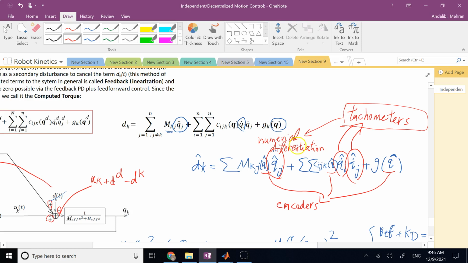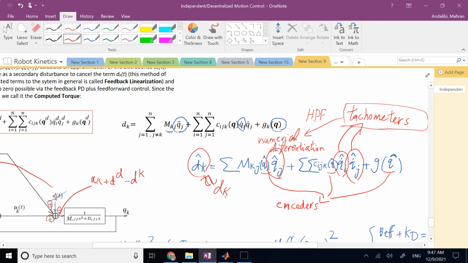You have to apply a low-pass filter to reduce the noise and then take a derivative. And all of those will cause any of these hat values to be quite different than the actual value. So your D_K will never be identical to D. It will be just an estimate of D.